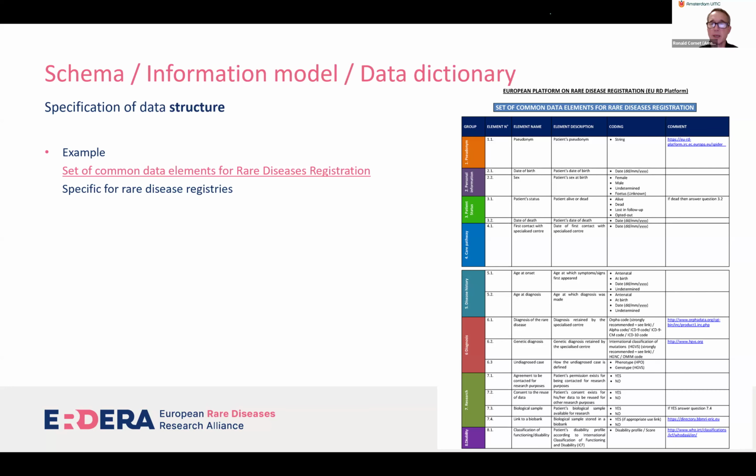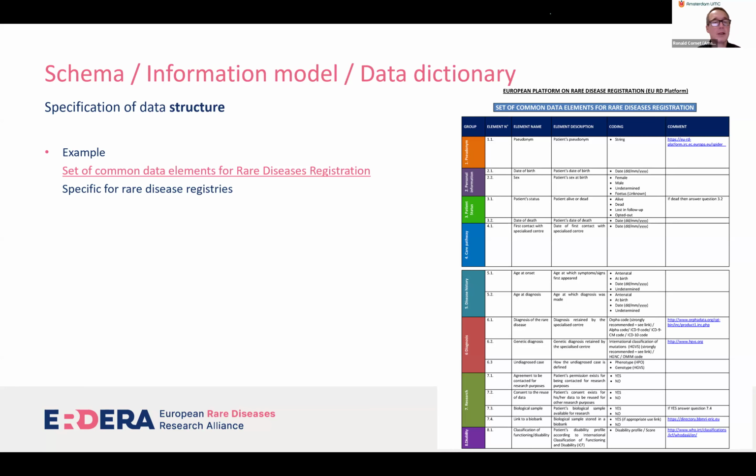So that's already an important clarification of the element label sex alone. There's patient status, date of death, first contact with specialized center, etc. So we see the descriptions and we see allowed values, be it strings, be it dates, or be it categorical values like female, male, undetermined.